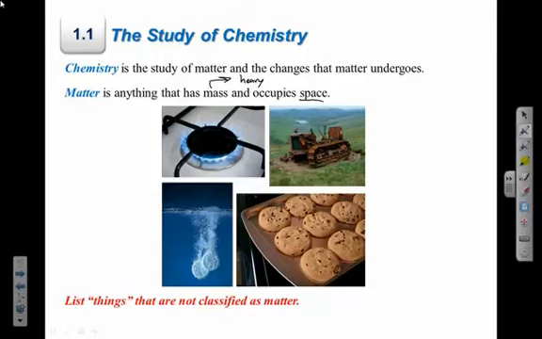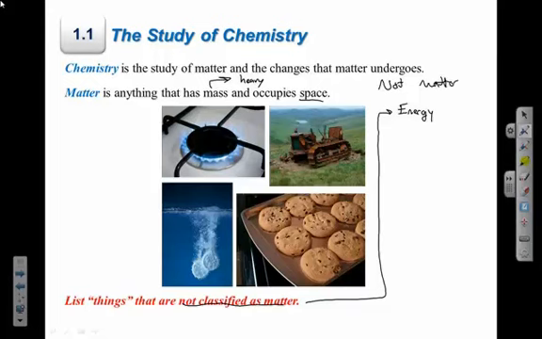So is there anything we can think of that's not matter, that is not part of what chemistry is studying? Electricity. So electricity is something that's not considered matter. We could say energy. So energy is not matter. Electricity is kind of a form of energy. There are lots of different forms of energy.